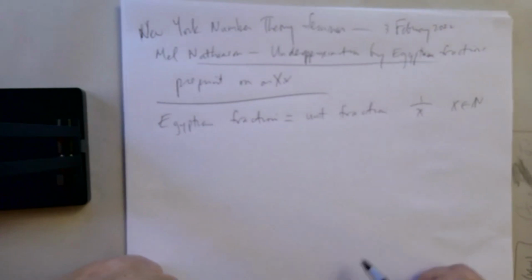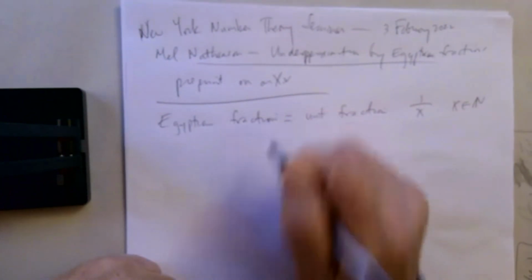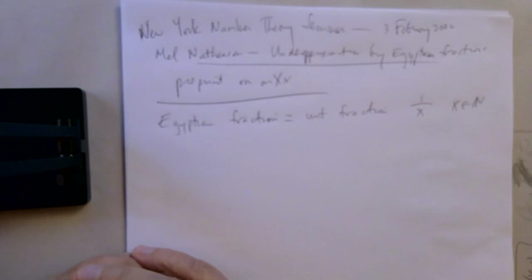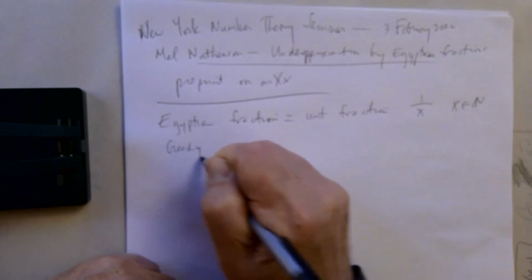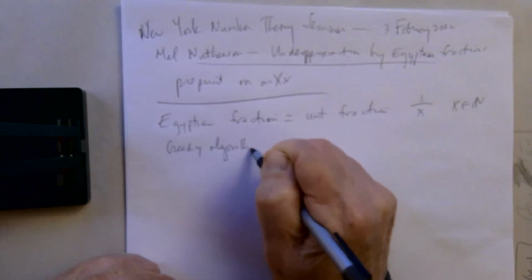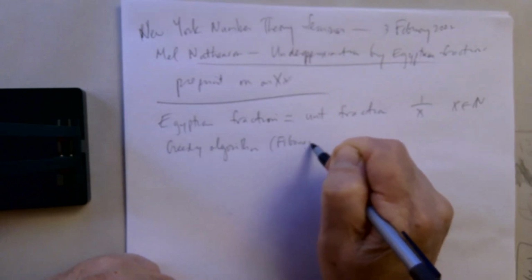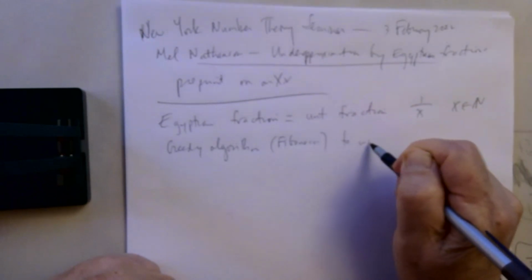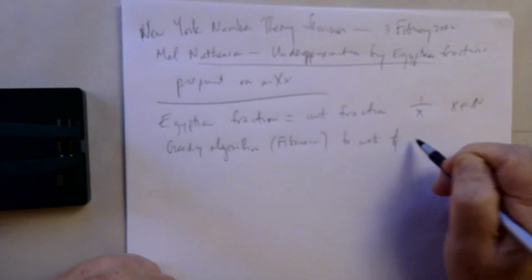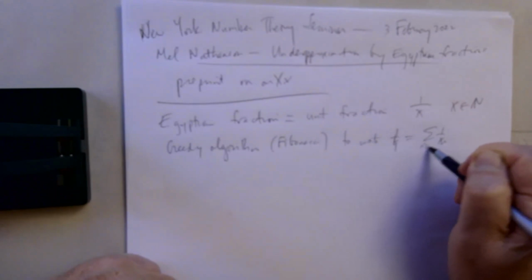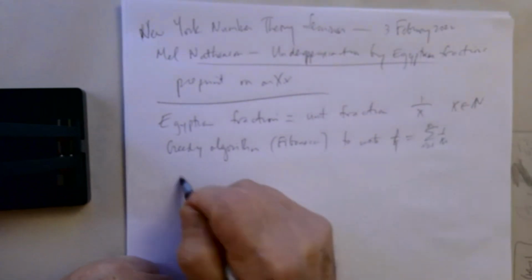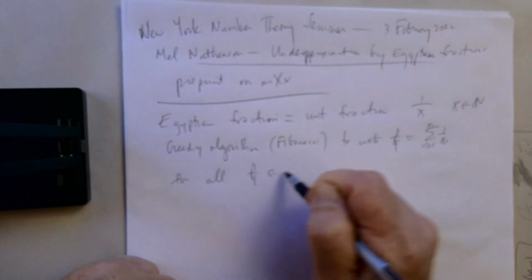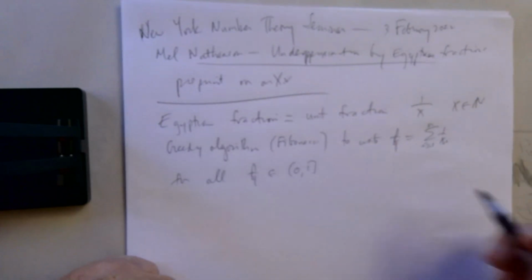And it was Fibonacci, again, never the first, I have no idea who the first one would be, but it was Fibonacci who wrote down a greedy algorithm to write any rational number as a sum of Egyptian fractions. So there is a greedy algorithm which you find in Fibonacci's book to write any fraction p over q, for all p over q greater than 0 and no greater than 1, as a sum of Egyptian fractions.